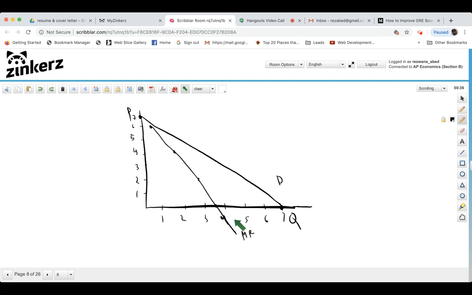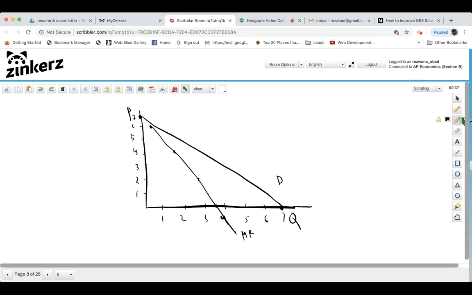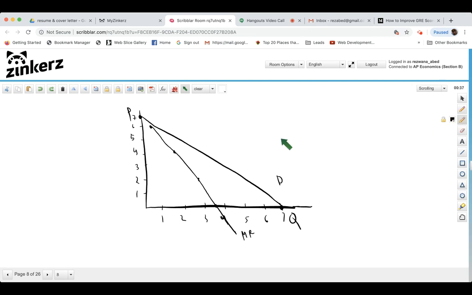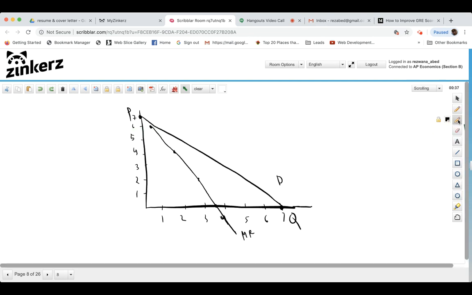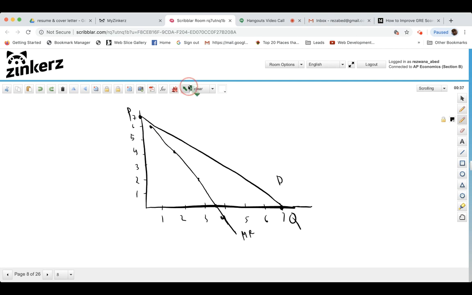This is the marginal revenue, which, as you see, is equal to the demand only at this quantity of 1, which is equal to 6 for both of them. I should show this better. So it's like this.